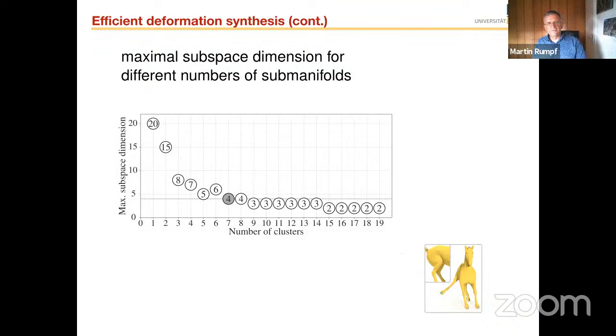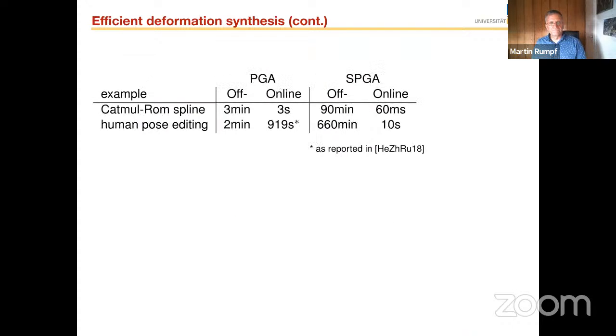And if we increase the number of clusters, for sure we reduce the number of basis vectors in these clusters. That is shown here in the horse example. And the benefit is now that we basically have a lot of offline cost, but then very fast reconstruction algorithms online.